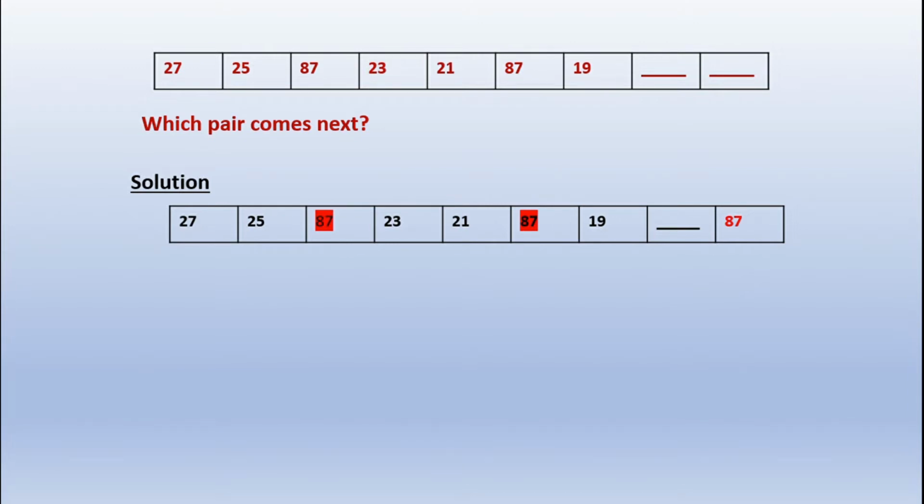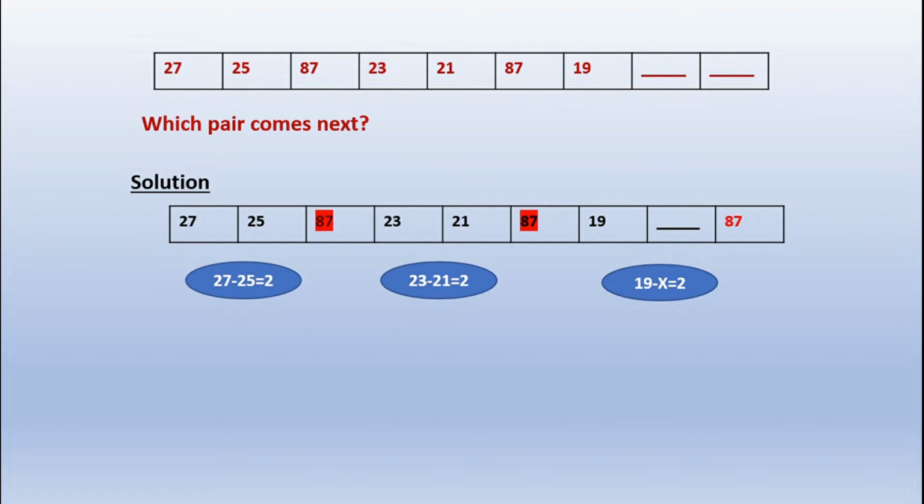Okay. Then when we consider the remaining numbers, we can see the difference between 27 and 25 is 2. Same as to this pattern, the difference between 23 and 21 is also 2. Likewise, we can get a pattern for the remaining number.